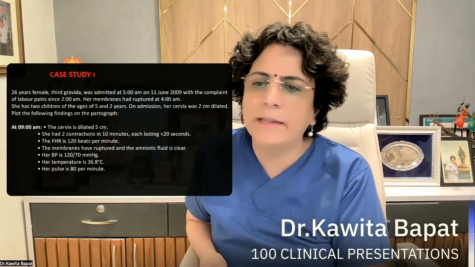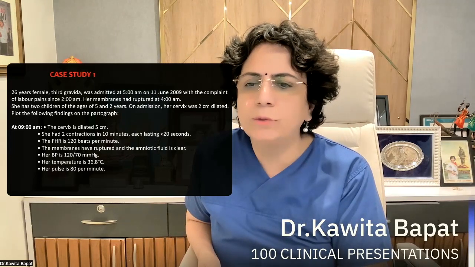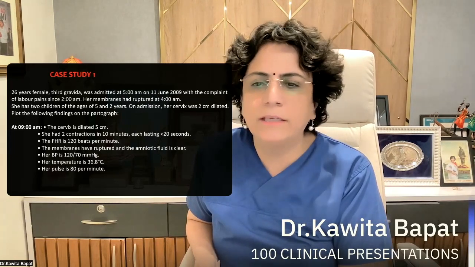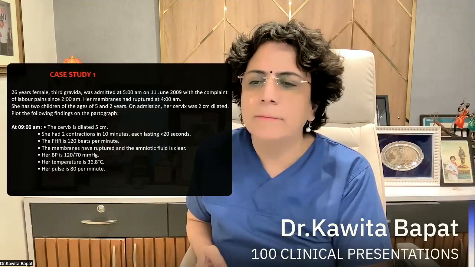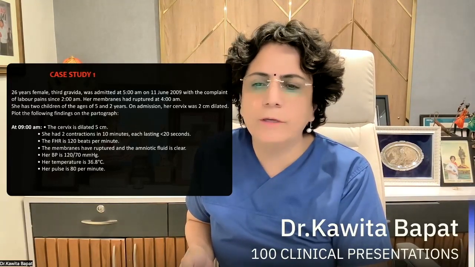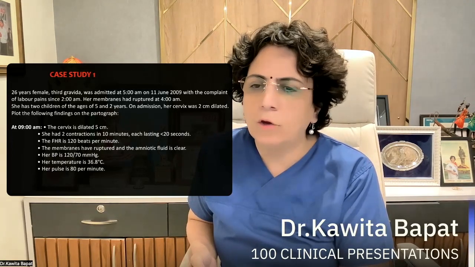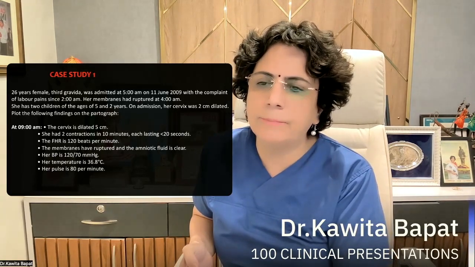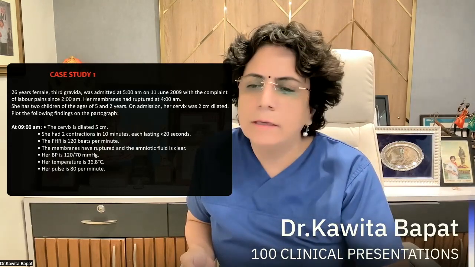At 9 a.m., the cervix was 5 centimeters dilated. She has 2 contractions in 10 minutes, each lasting less than 20 seconds. Fetal heart rate 120, membranes ruptured, amniotic fluid clear. Blood pressure normal, 120/70, temperature normal, and pulse 80 per minute.